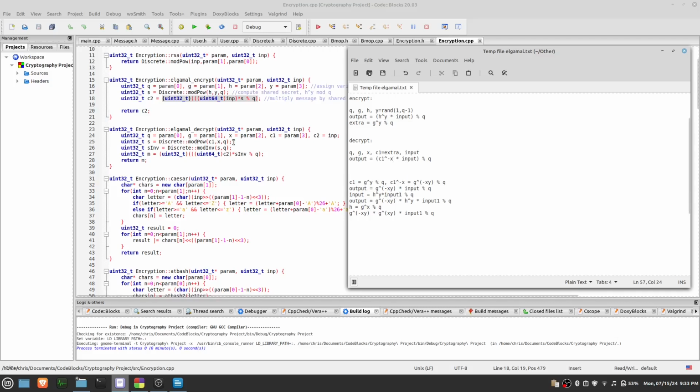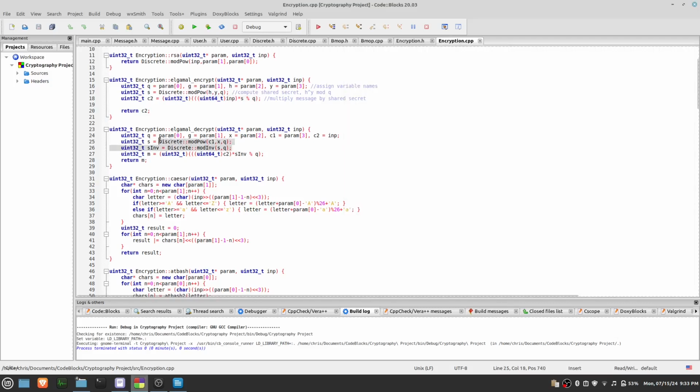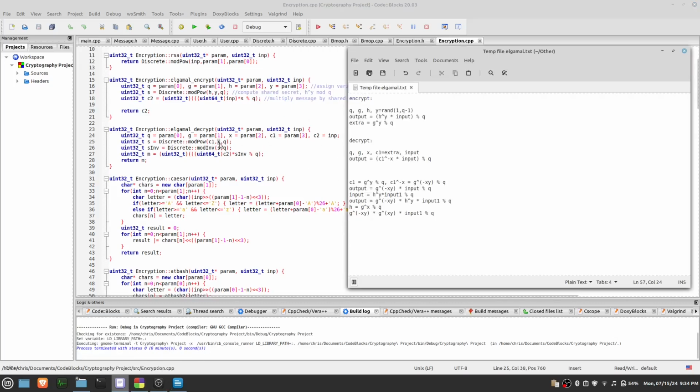We're going to raise that to the power of negative x, and I originally questioned why this is two lines instead of just raising c1 to the power of negative x mod q. I raised it to the power of x mod q and then inverted it. But then I remembered, oh wait, that's right. The exponent is an unsigned 32-bit integer, so it would have been impossible to have a negative number.